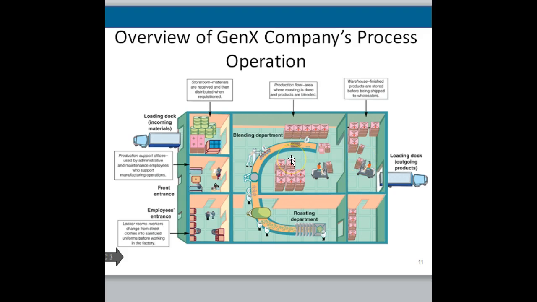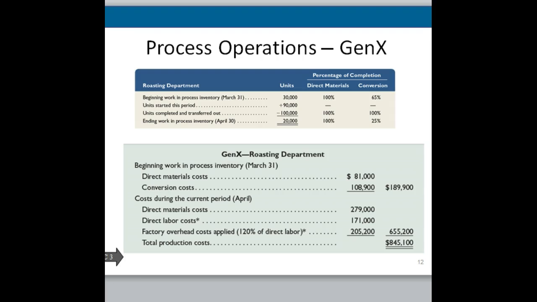So any material, direct or indirect, labor, indirect or direct, or other types of factory expenses that are applicable to this factory floor are going to be factory overhead, and they're going to be in the cost of goods sold or cost of goods manufactured. So just a visual of where those costs end up.